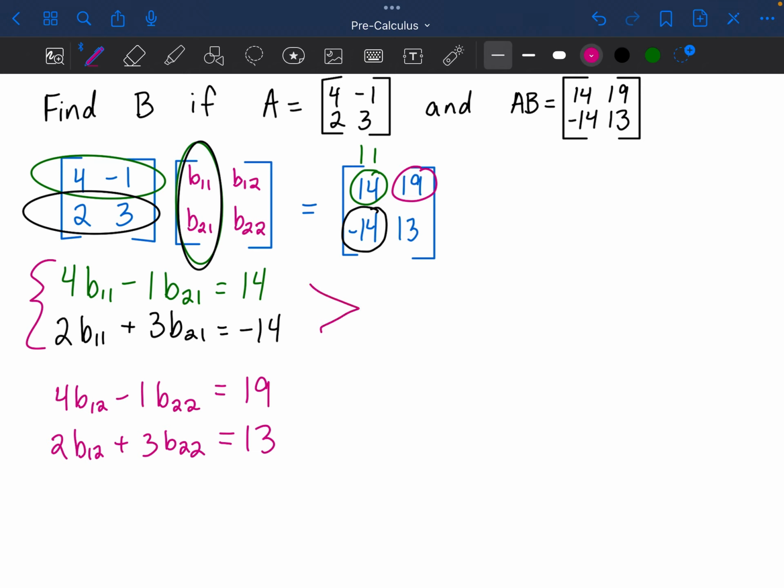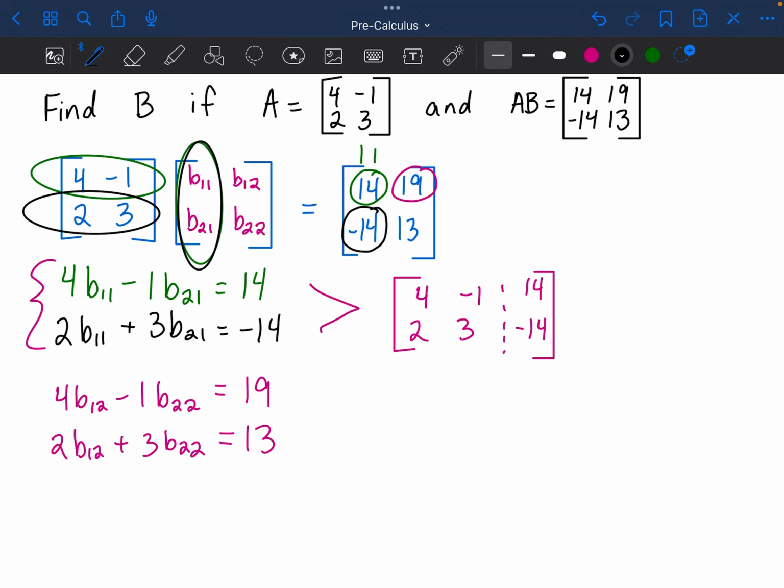So I'm going to take these 2 right here, turn it into an augmented matrix using those coefficients. So I got 4, negative 1, and then 14. I've got 2, 3, and then negative 14. At this point, what I would do is go to my calculator and type in my matrix, plug it all in.